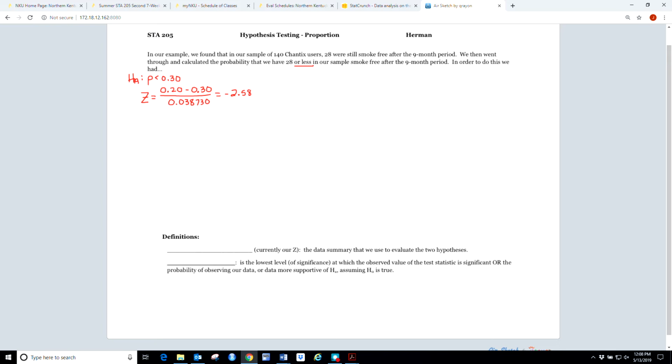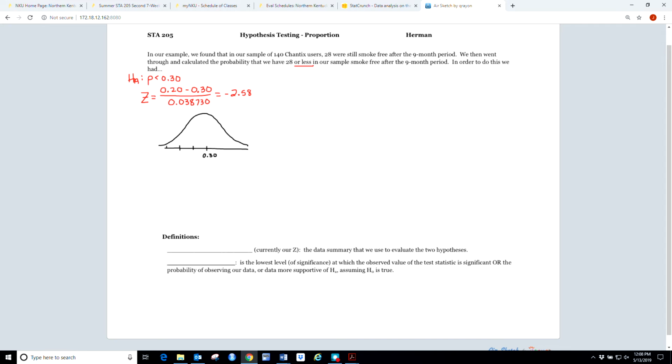In addition, we had drawn a picture to go along with this calculation. So when we had drawn this picture, we had it centered at 0.3 because that was what we were told was that claim.